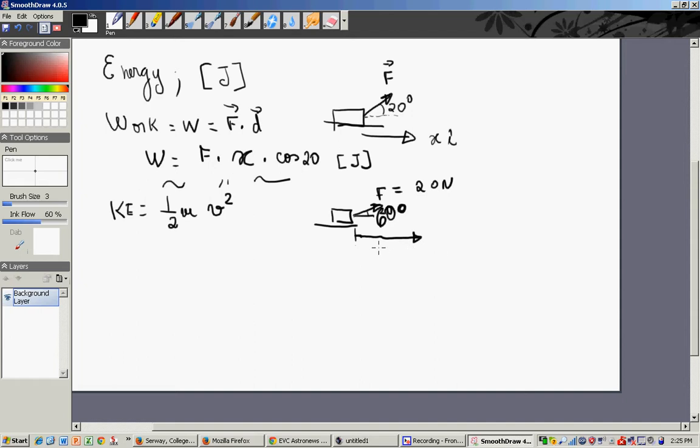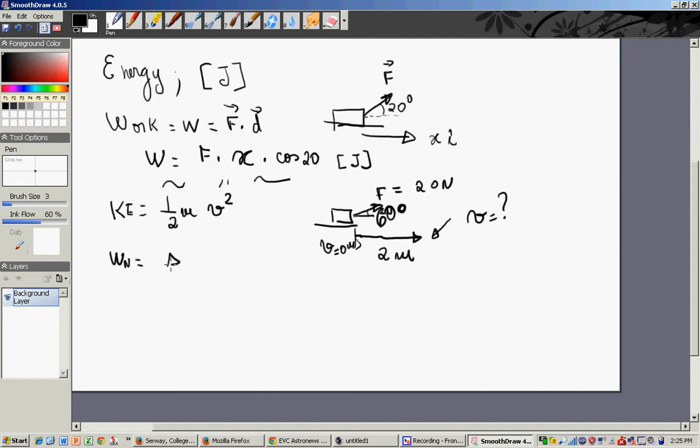Let's make this angle 60 degrees. So, the block moves 2 meters to the right, and it starts moving with a velocity that is 0 meters per second. Okay?